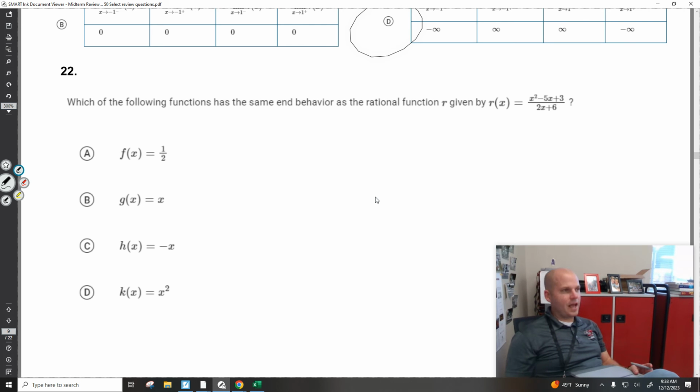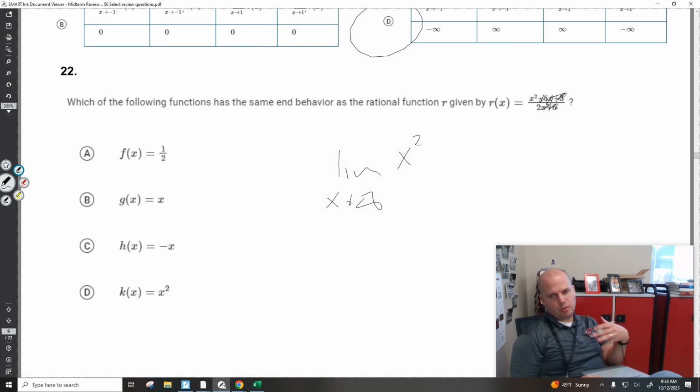How do you determine end behavior? Well, we're thinking about what happens if I plug in infinity. I don't care about the -5x and the 3 and the 6. This is similar to polynomial end behavior. We just care about the largest degree term. It will dominate what's going on in the numerator and denominator when plugging in big values.